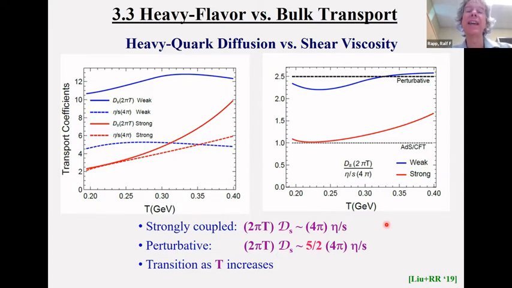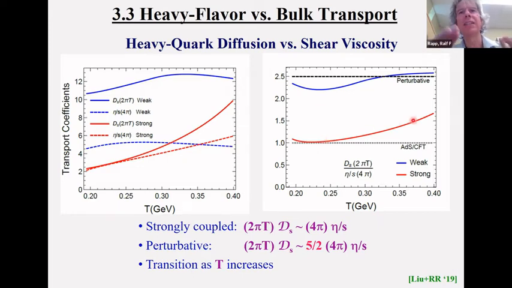So you can use that ratio to look at its value and how it evolves in temperature. You see that even for the weakly coupled scenario, where you're at 4 times the quantum bound for eta over s, that ratio is quite close to what you expect from the perturbative calculation, while even when you are close to 2, you are not far from the lower bound.